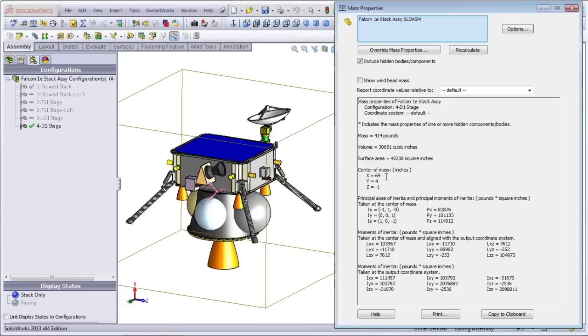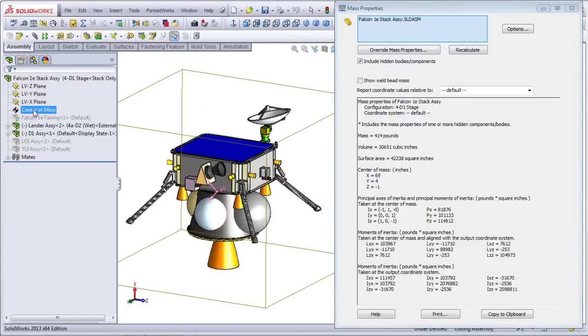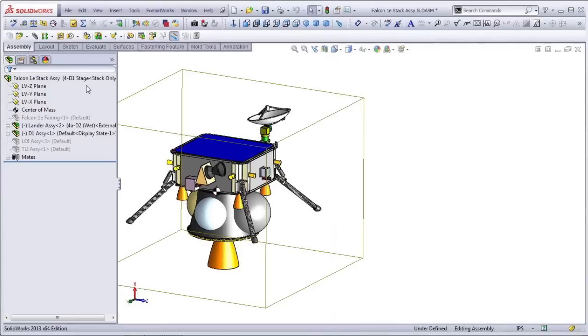And what I find there is now my X is at 69 inches in the X direction. Now bear in mind my frame of reference has not changed. So that is the original coordinate system is down at the bottom of the stack, the original stack, and so that's why it's showing it up here. But the cool thing there is I'm switching between configurations, and it's automatically giving me this data as it refreshes.